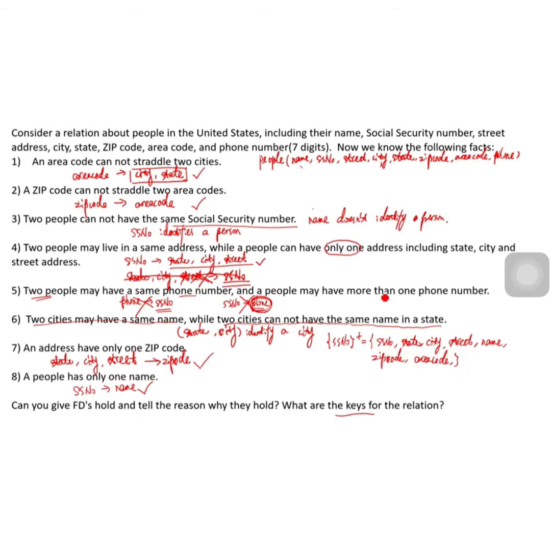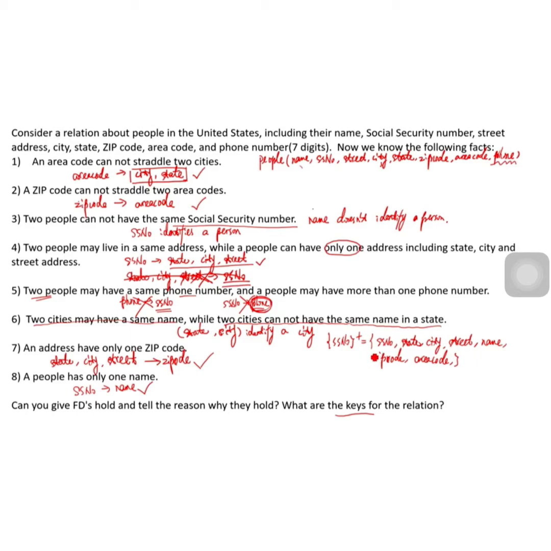Let's check it. Name, already in it. SS number in it. Street, yes. City, in here. State, okay. Zip code, here. Area code, here. But no phone in the closure.